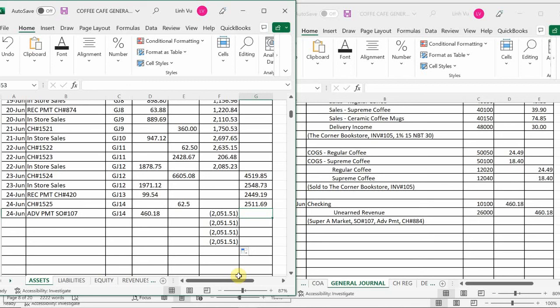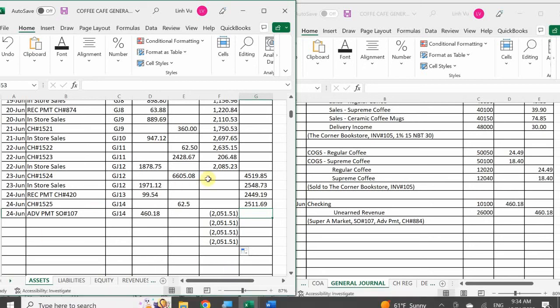$1,591.33. No. If you're negative 2,511.69, you should be at 2,051.51.